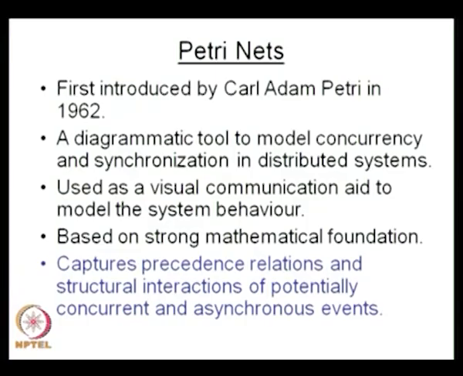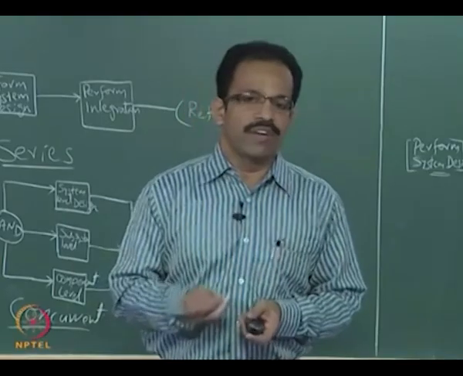So what is the precedence, which function should precede or succeed a particular process. So this Petri net captures that precedence relationship, and structural interactions of potentially concurrent and asynchronous events. So there may be asynchronous events, so we will be able to capture the structural interaction between these events using Petri nets. We will see how to develop the Petri net.